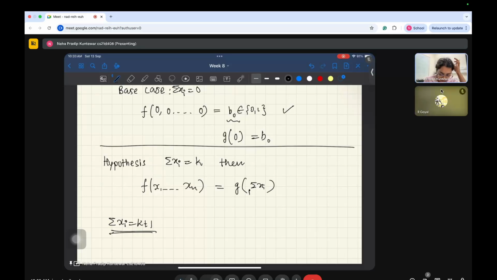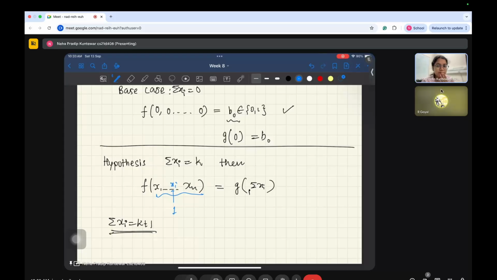But, we don't have one more additional variable, because the variables given to us are already fixed, x1 to xn. What could happen, however, is that some variable xi that was earlier 0 now becomes a 1.